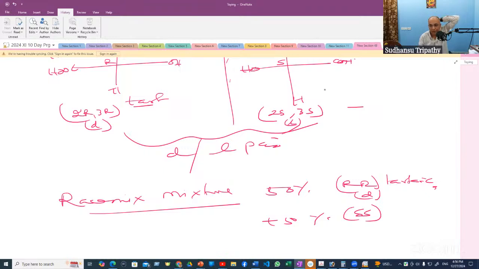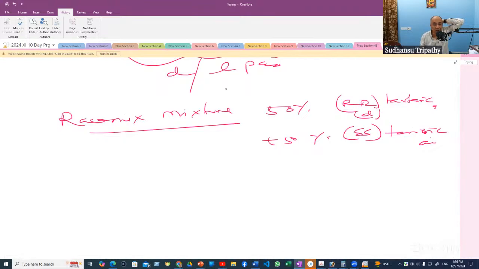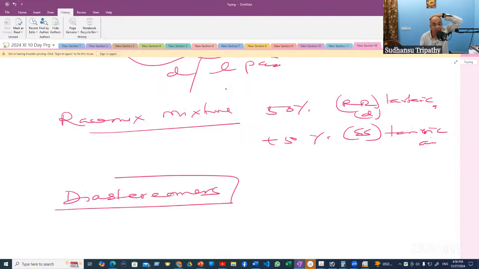Meso form. So SS and RR tartaric acid racemic mixture is optically inactive due to external compensation. Now let us define diastereomers in the context of optical isomerism.